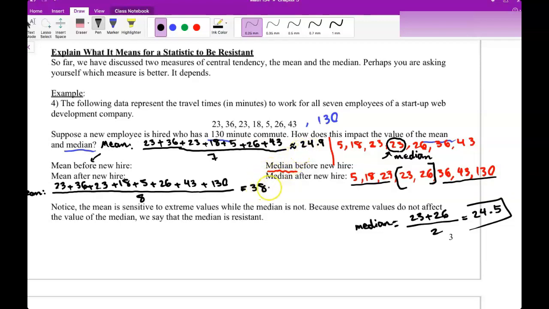But for the median we had 23, and now it is 24.5. It's not that much. Mean is sensitive to extreme values while median is not, because extreme values do not affect the value of the median. What that means is the median is resistant.